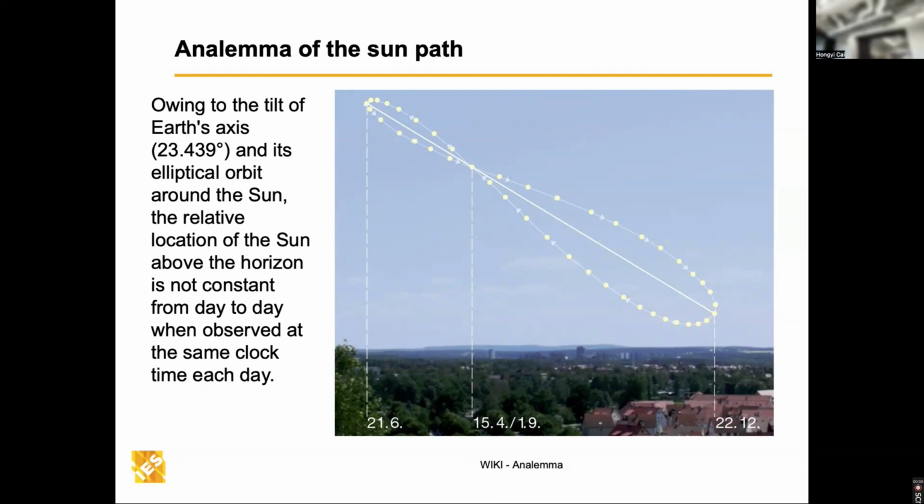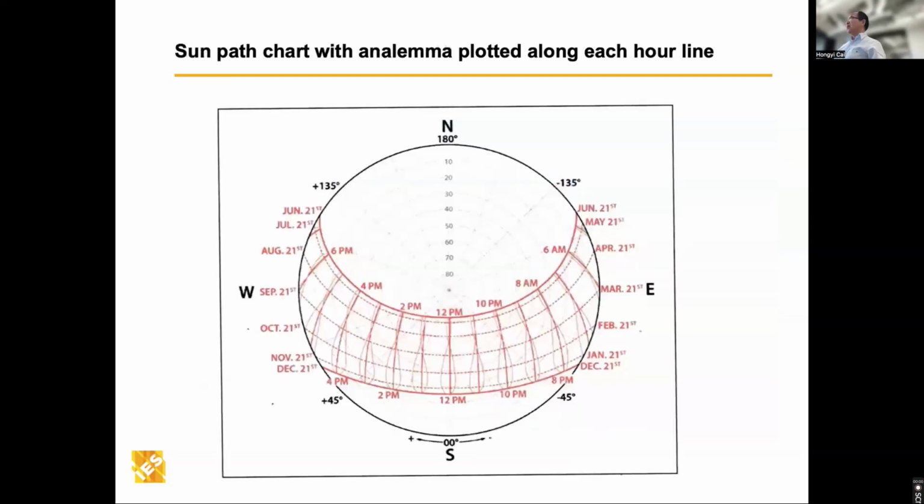This should be winter. This should be summer. Why do we care about that? Because sometimes we care about the actual location of the sun, then we have to consider the analemma curve, which will be similar.